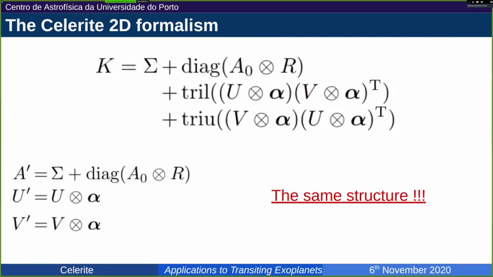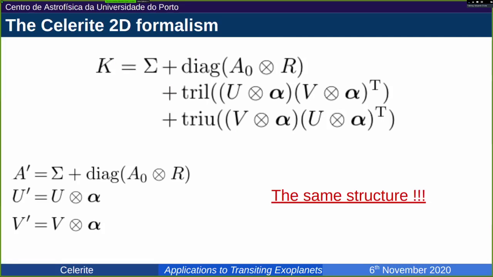Using the formula for mixed Kronecker and matrix products, the kernel takes the above form that simplifies in a rather elegant way. The Kronecker products can be expressed in terms of A, U, and V with the same structure as the 1D problem.